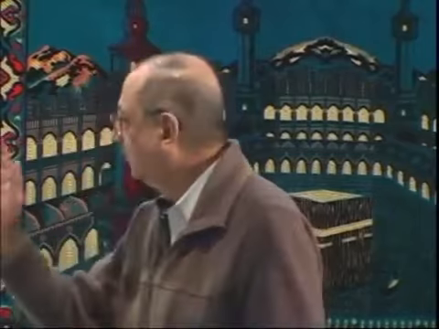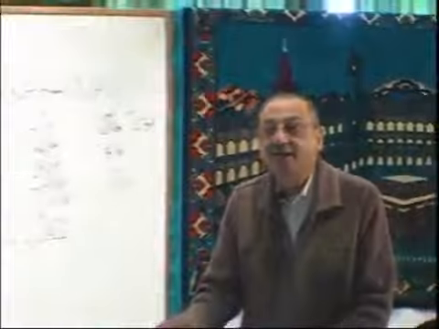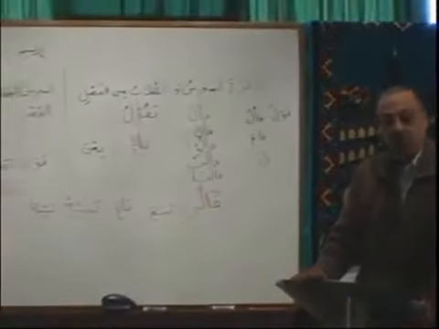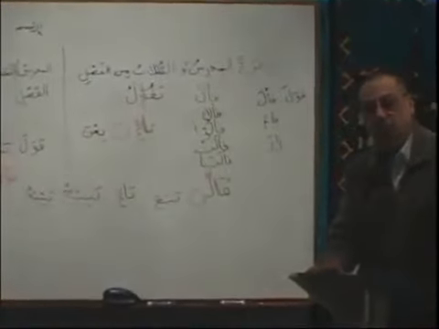Fine, brother, we conjugate now. Yazuru, yazurani, yazuruna, tazuru, tazurani, yazurna. Hunna, yazurna. Anta, tazuru, tazurani, tazuruna, anti, tazurina, tazurani, antunna, tazurna, ana, azuru, nahnu, nazuru.